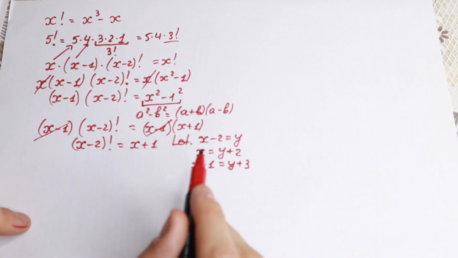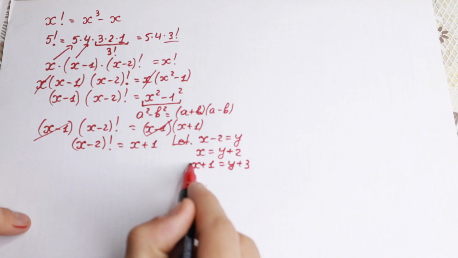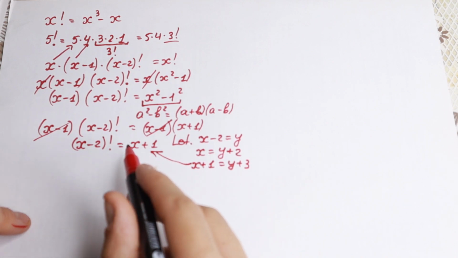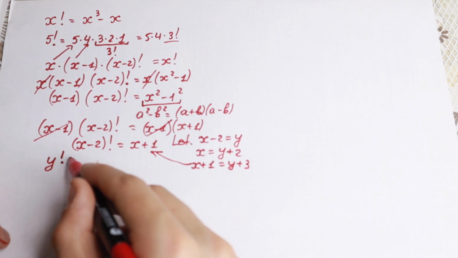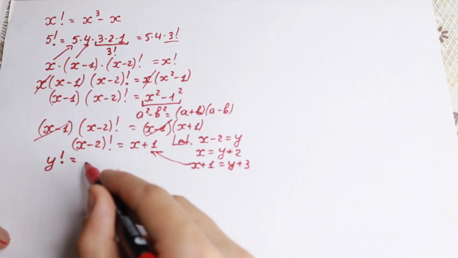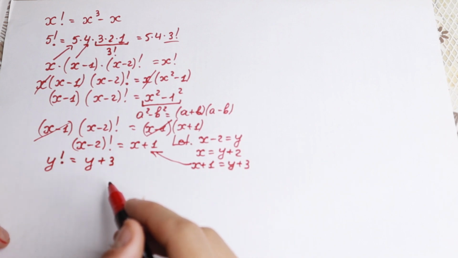So we have all the elements that we need to change. We have x minus 2 and x plus 1 right here, so we can easily change them with y. So we have y factorial equal to y plus 3. Okay, I hope you understand this step.